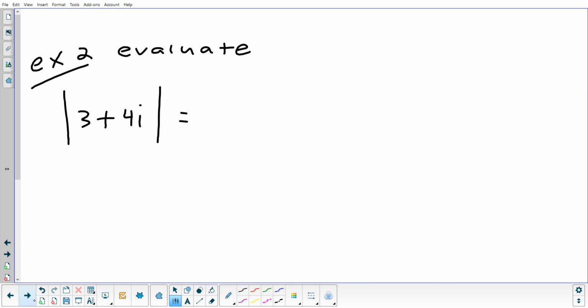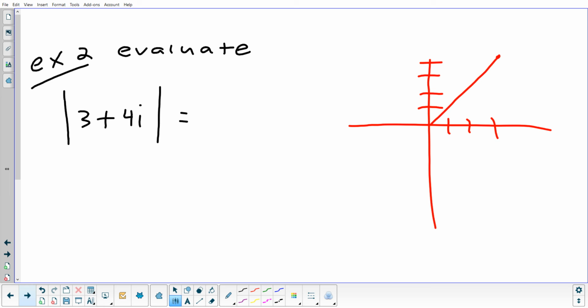All right, so let's try this one. You can make a sketch if you want. I think if you just use the formula I wrote down, you don't really need it. Here's your point, and there's your triangle. So it's 3 units right, 4 units up. So what would be the absolute value of 3 plus 4i? 5.